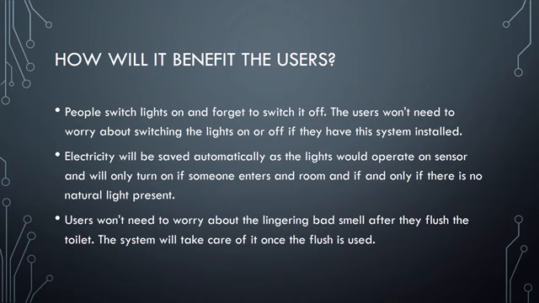Many people are wasting electricity by not turning off their lights. Whenever they use the toilets, they get in, use it, and forget to turn off the light when they return. Here we use the motion sensor to detect when there is motion, as well as the LDR to turn the light on and off. In this way, electricity will be saved as much as we can.